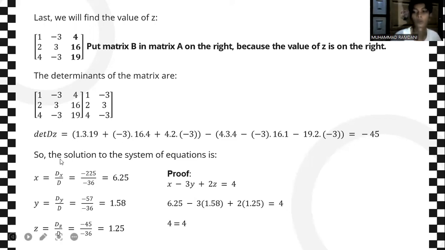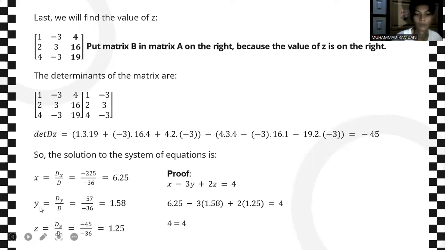After we calculate all of the determinants, we can get the solution to the system of equations. The first one is x equals determinant x divided by the determinant, which is minus 225 divided by minus 36, equals 6.25.